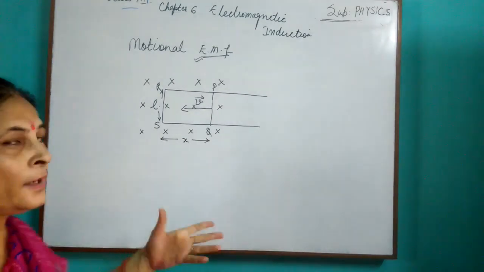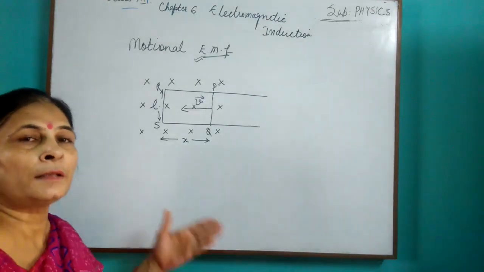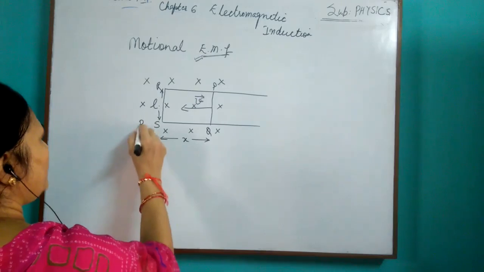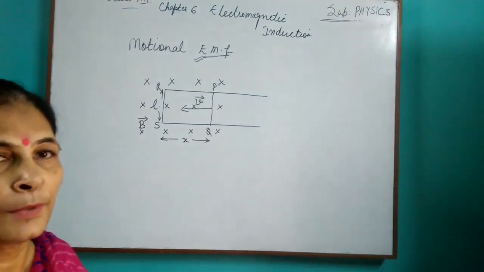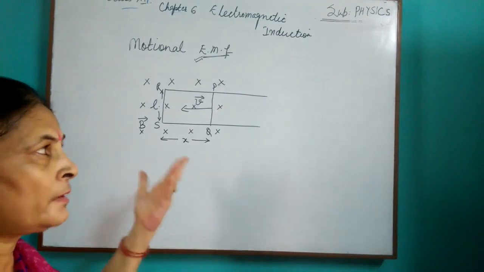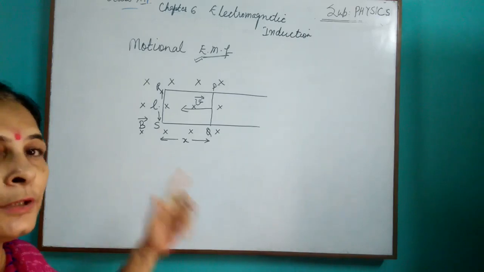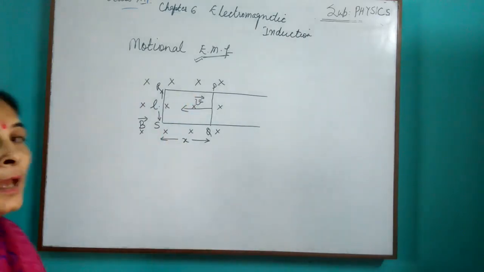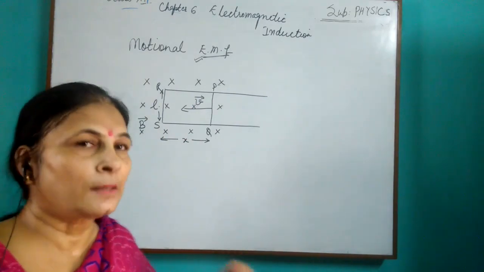That is, a coil PQRS is moved in a magnetic field, say B, which is directed into the plane of the paper. Now, from our previous studies, we know that an EMF must be produced in this coil and a current shall flow in the circuit.